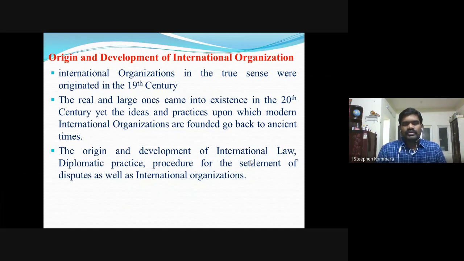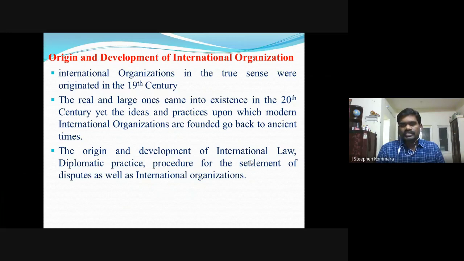What is the purpose of establishing international organizations, what are the ideas, the aims and objectives, and the practices upon which modern international organizations are founded? These go back to ancient times. Many activities happened in ancient times, which is why we look back to ancient times for the concept of international organizations.